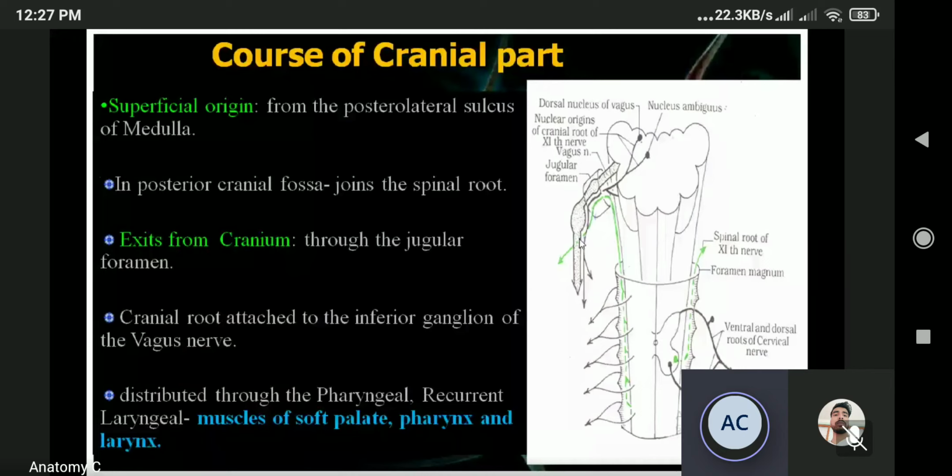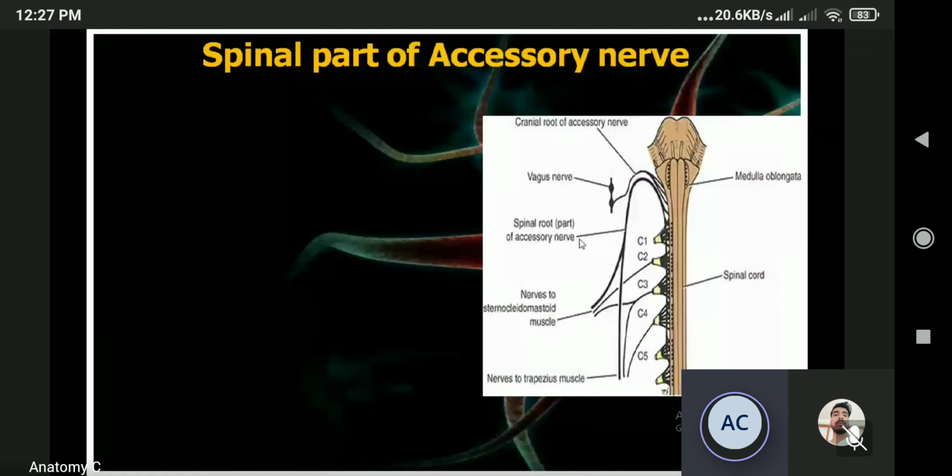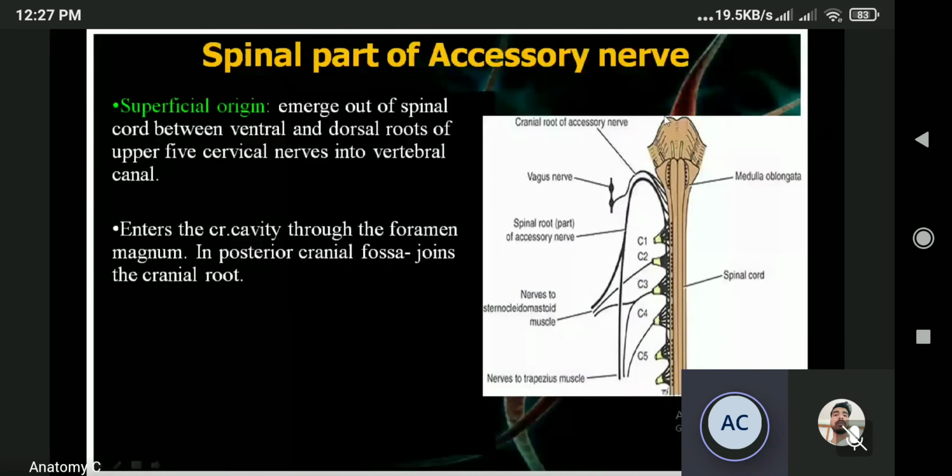Okay. Now next one is the spinal part of the accessory nerve. The nuclear origin is present in the anterior gray horn of the spinal cord from the C1 to C5 segment. From there, for the superficial origin, it will emerge from the spinal cord between the ventral and dorsal roots of the upper 5 cervical nerves into the vertebral canal.